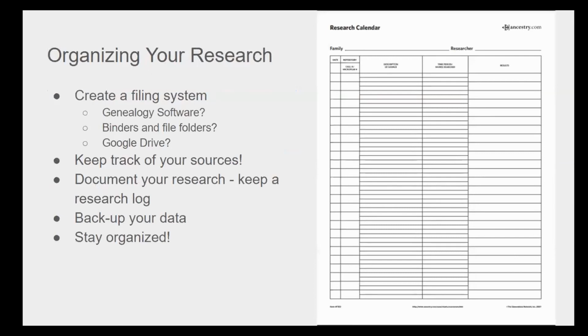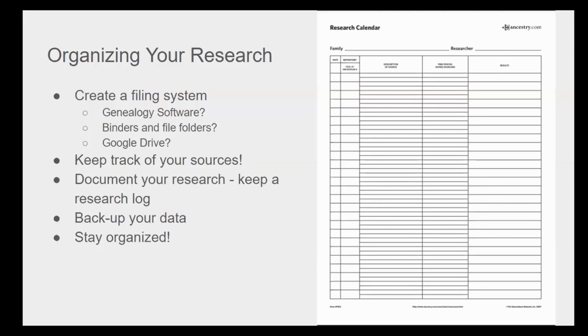So to maximize your success, it's good to develop an efficient filing system to accompany your research. There are a number of options out there, and you might opt for a binder system and preserve paper copies of your records. And you could use the pedigree charts and family group sheets that we mentioned earlier, or you could construct a family tree on platforms like Ancestry or utilize genealogy software like Family Tree Maker.